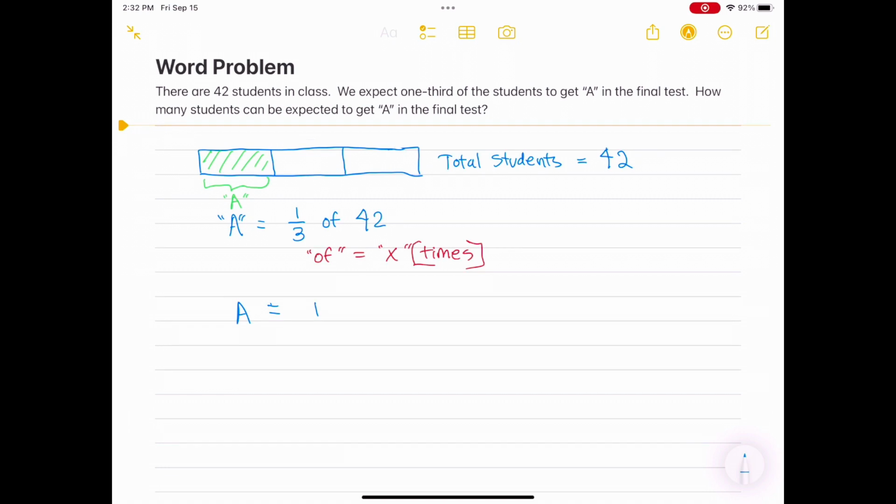And to do that equation, we need to convert 42 into a fraction of 42 over 1.